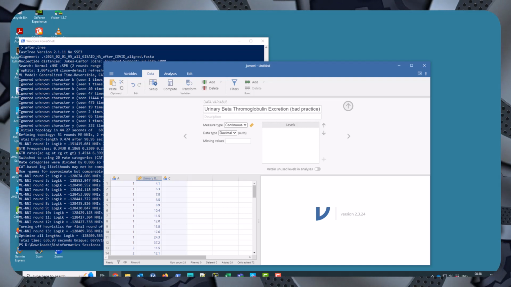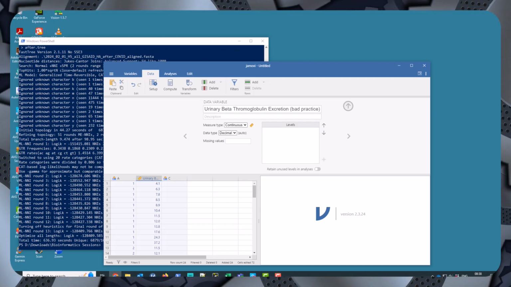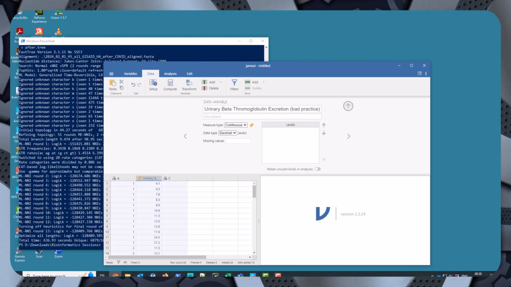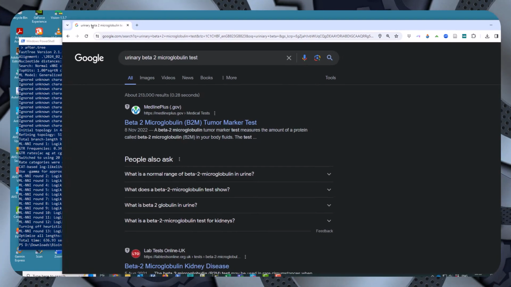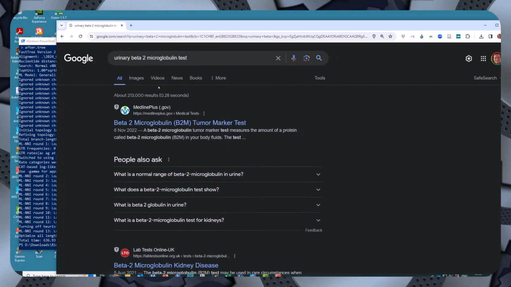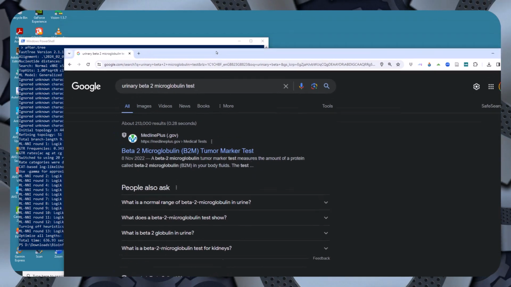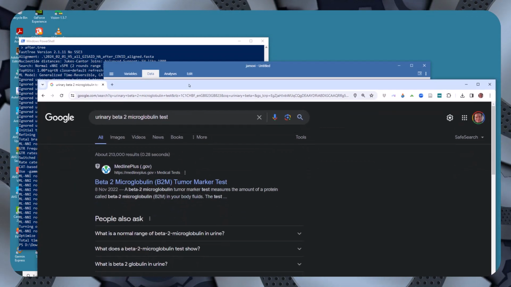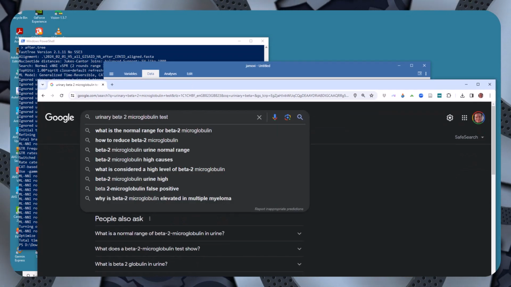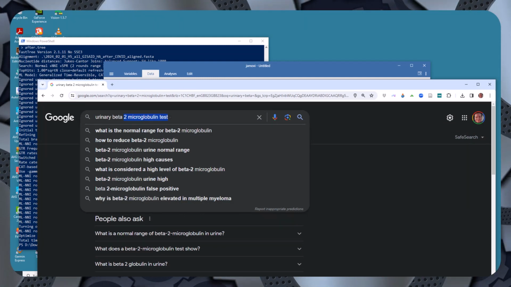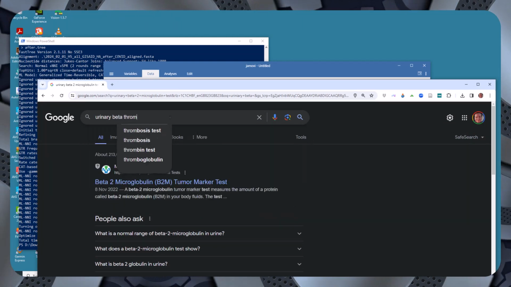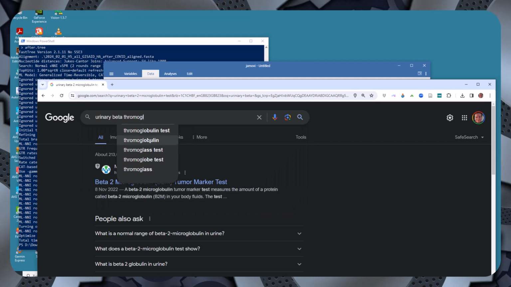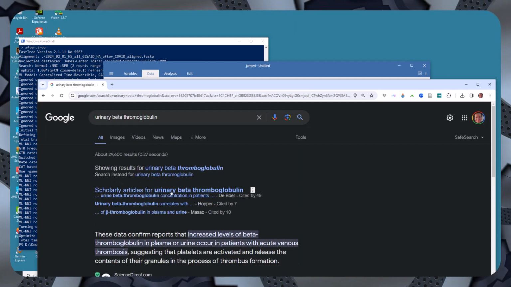by looking at beta microglobulin test. Beta microglobulin, oh, that's a different beta thing from our beta-thromboglobulin. Beta-thromboglobulin.